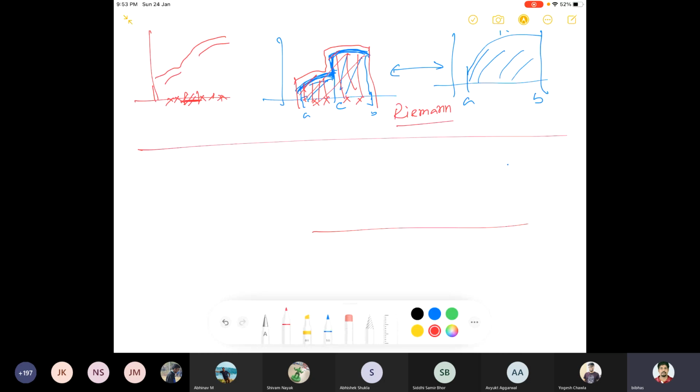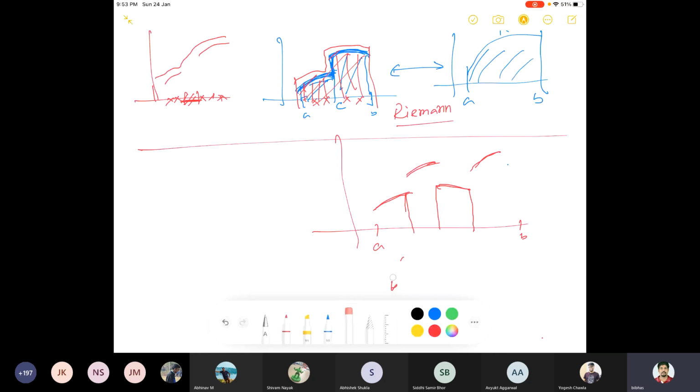Let's say I draw a function which is like this, and then again this, and again this. At this particular point, let's say the function is discontinuous. At this particular point, function is discontinuous. At this particular point, it does not matter. The area under this curve is the same. Let's say the entire region is A to B, and this is the integration.